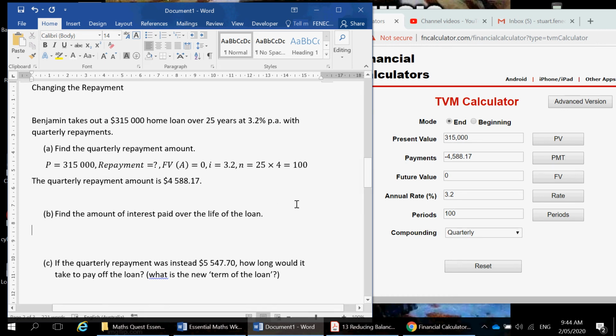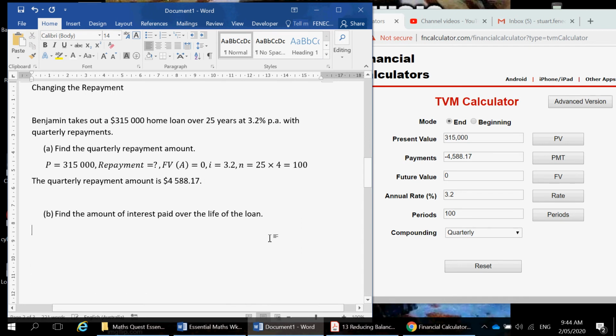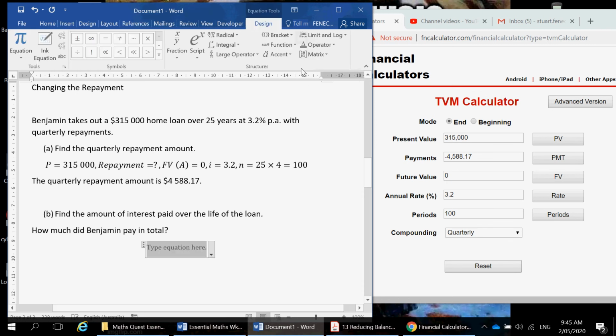All right, so on to B, second part of this question. Find the amount of interest paid over the life of the loan. So to do that, how much did Benjamin pay in total? We don't know that. We know that he paid $4,588.17 each quarter.